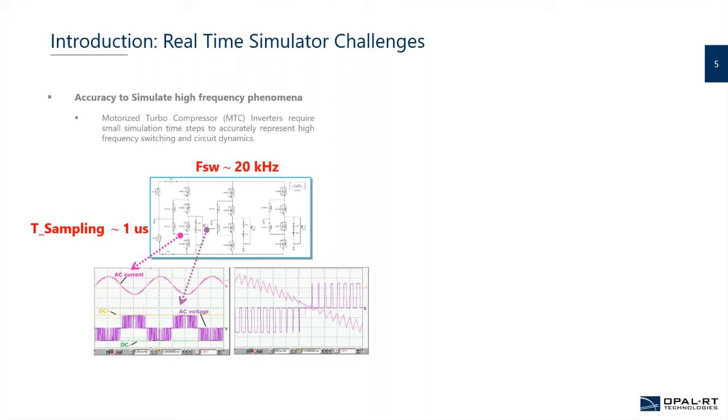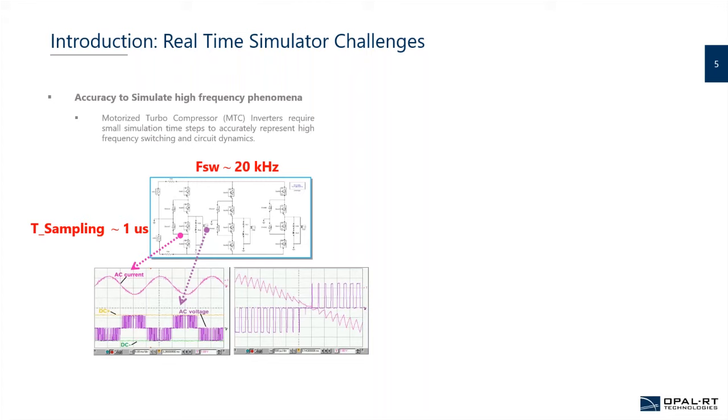If we take as an example the motorized turbo compressor, which is a motor drive that we can find at the load side of the power system, those systems require 20 kilohertz as a switching frequency.